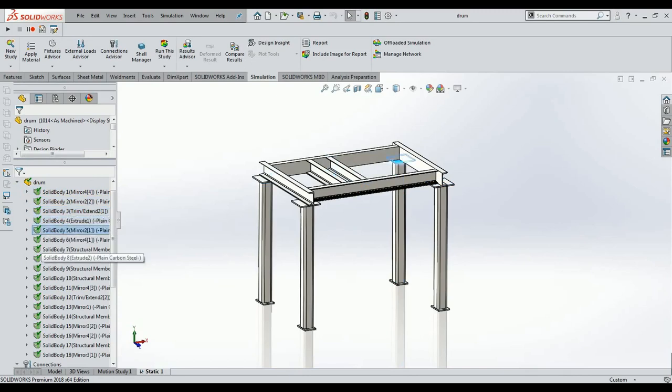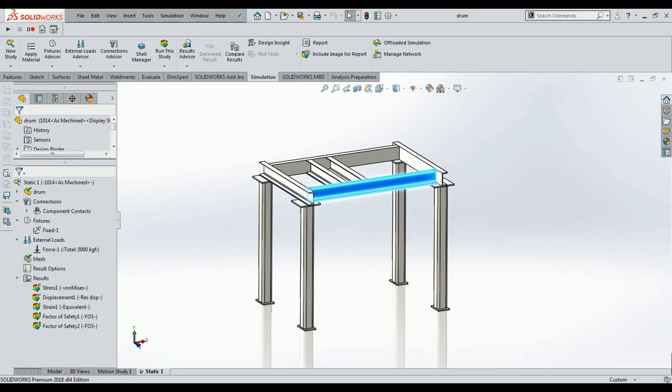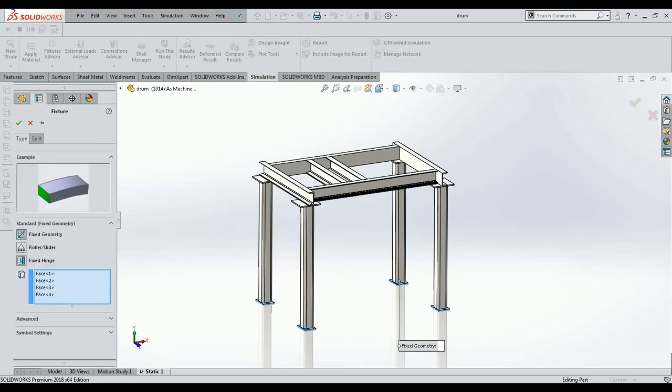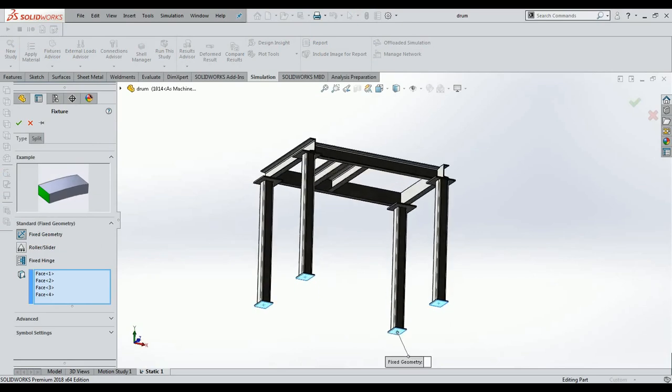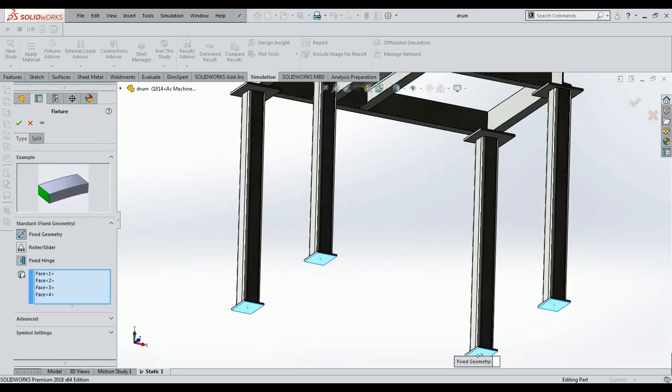Here we made the project in a real-time environment, like fixing fixtures into the ground, or the nuts and bolts we provide to fix the two components, and the forces acting upon the body, whether it may be a force or torque.